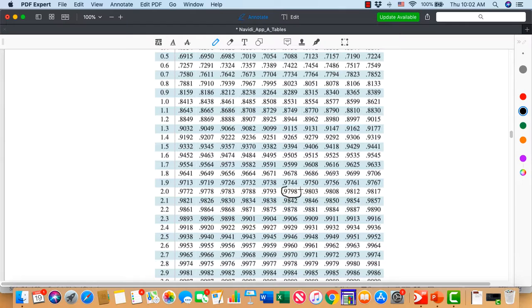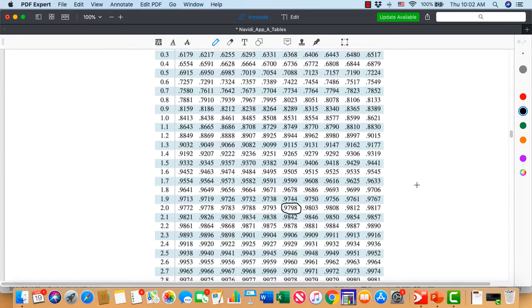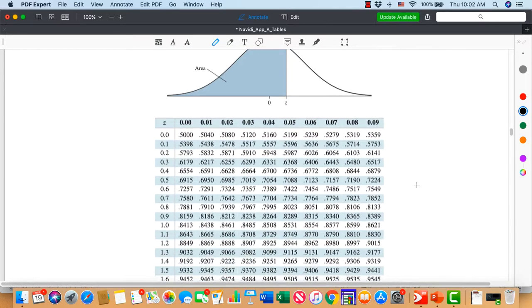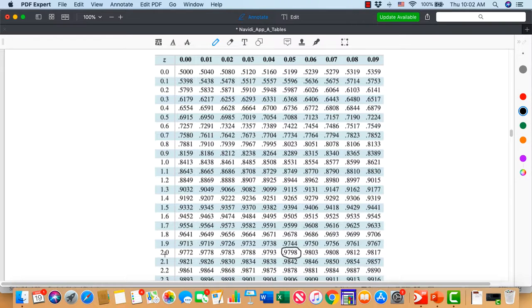This is the number that is closest to 0.98. Rarely will you find the exact area, so you just find the area that's closest, right? And that corresponds to a z-score of 2.05, right? 2.0 over here, 5 up here. Flip back over to my PowerPoint here.